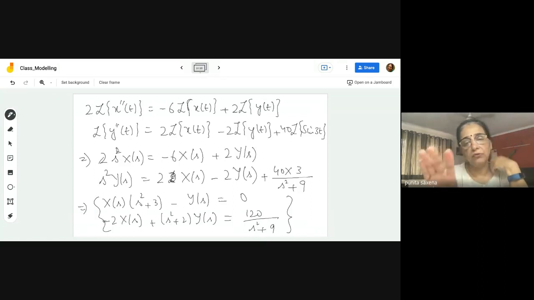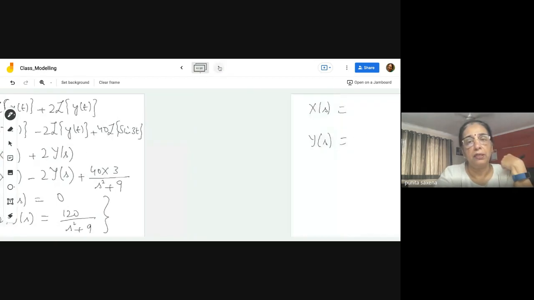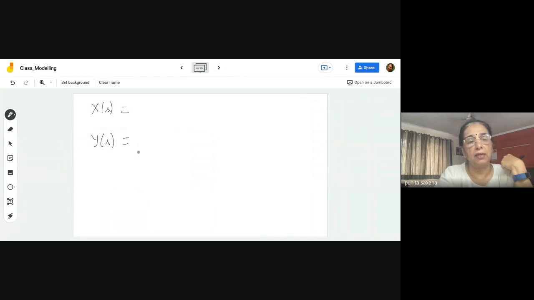You can use Cramer's rule, elimination, substitution, any method. But what we want is two functions, capital Xs and capital Ys. So what do we get?